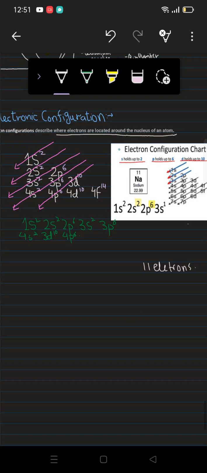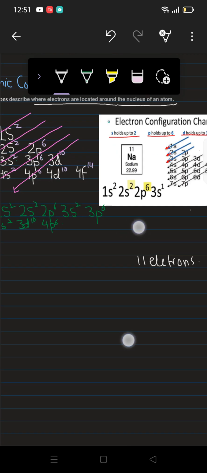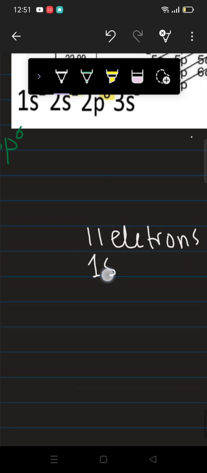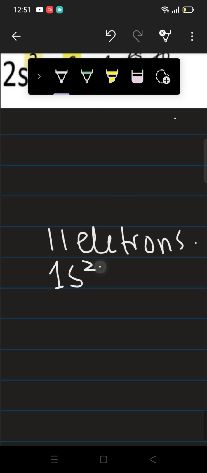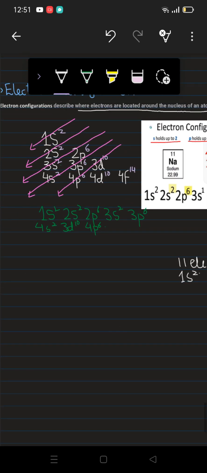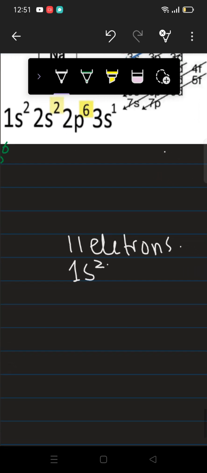Alright, we know that initially electrons will be going in 1s2. So 1s2, which means 2 electrons are now filled by the s subshell. Alright, now we need to fill 2s2. So 2s2, 2 electrons are again filled by the s subshell in the second shell. Alright, now 2 plus 2 is 4. 11 minus 4, we have 7 electrons left.